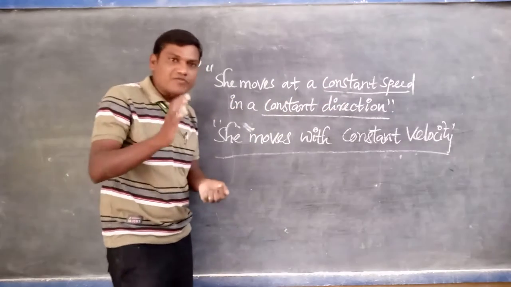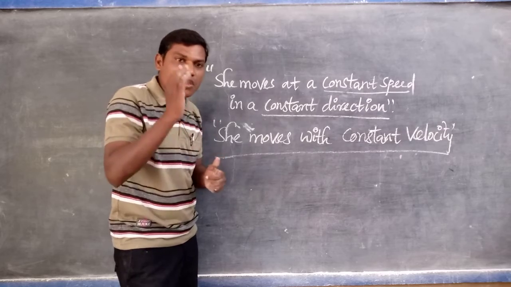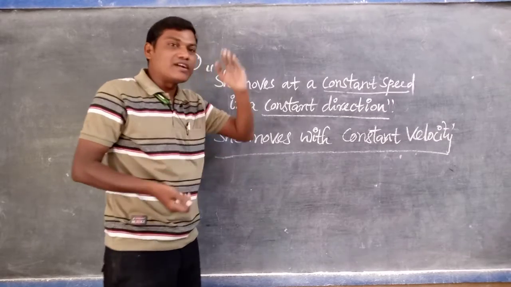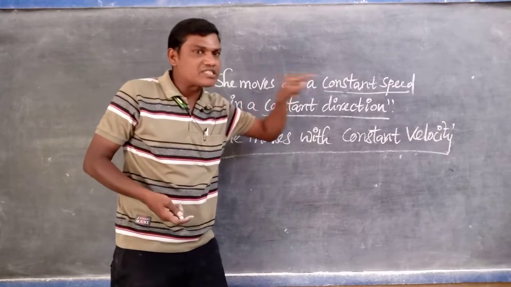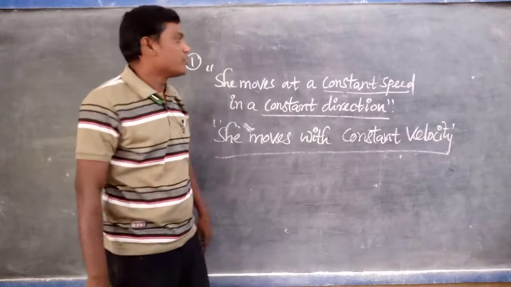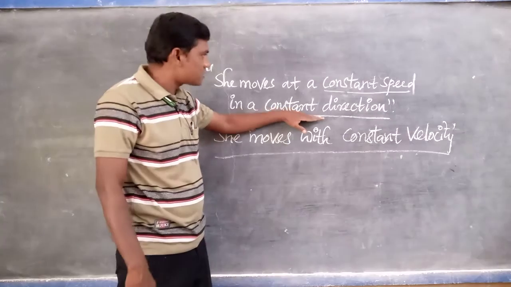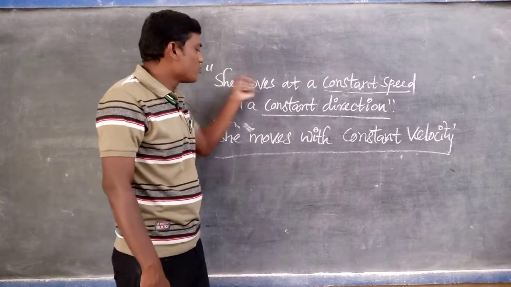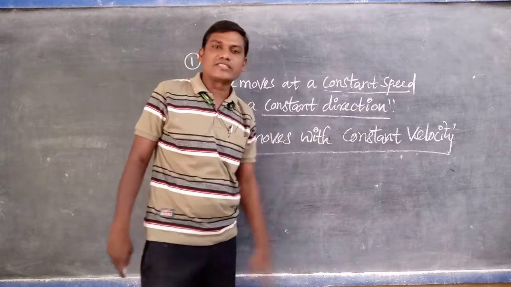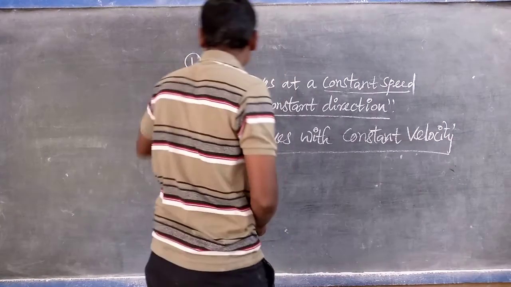Because if you clearly listen to the video of the uniform velocity concept, I said if a body covers equal distance in equal intervals of time in a particular or specified direction, that is called uniform velocity. That's why direction is specified or constant and speed is also constant. That's why simply we can write she moves with constant velocity.